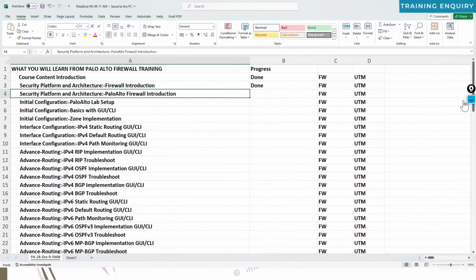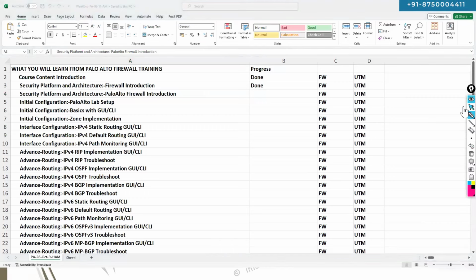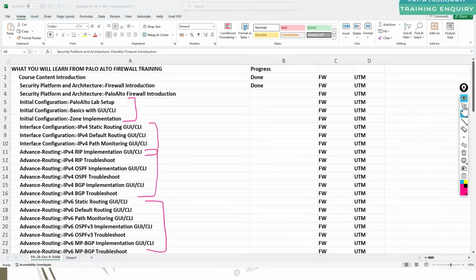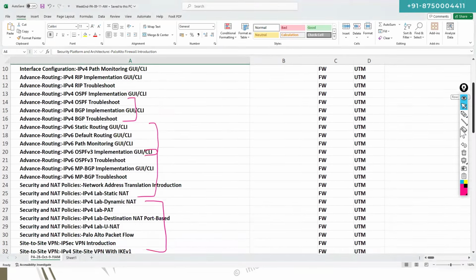So you can define it this way: a next generation firewall can be managed by CLI and GUI, supports IPv4 static routing, dynamic routing, and also IPv6 routing.